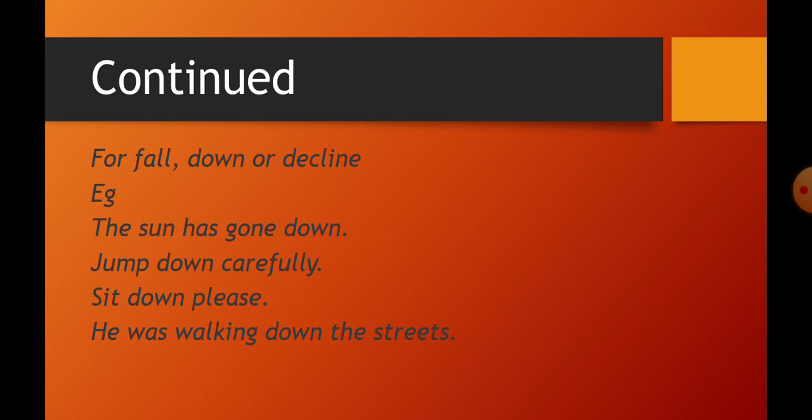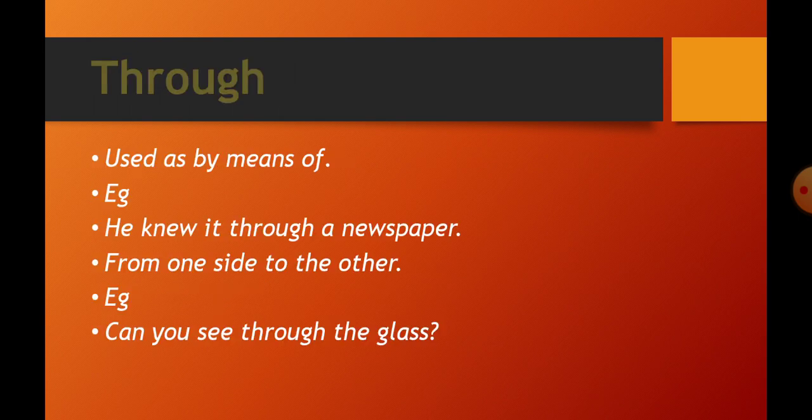For fall, down or decline. The sun has gone down. That means the sun has fallen down, declined. The sun has set. Jump down carefully. That means get down carefully. Sit down, please. He was walking down the streets.